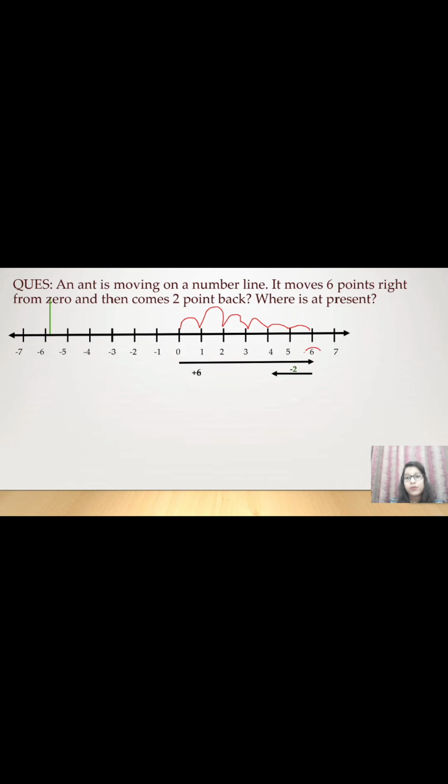And from this point the ant takes 2 points back. 2 points back ले रही है, यानी कि 6 से 5 की तरफ 1 point back हुआ and 4 की तरफ 2 points back हुआ. Okay, so तो वो कहाँ पर आ पहुंची? It means वो 4 पर आकर वो stop हो गई.